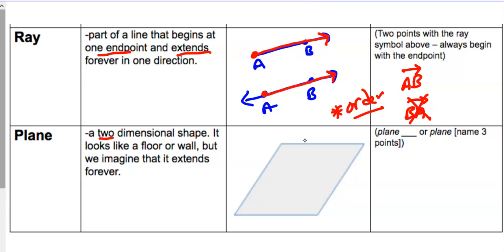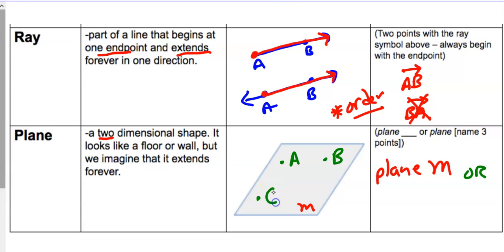So there are two different ways to name this one as well. You have a lowercase italic letter. If you have that, you can name it by plane M. Or the other way you can name this is by three points that are on the plane.